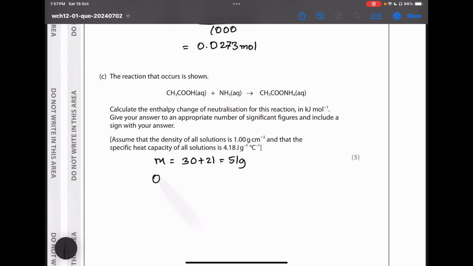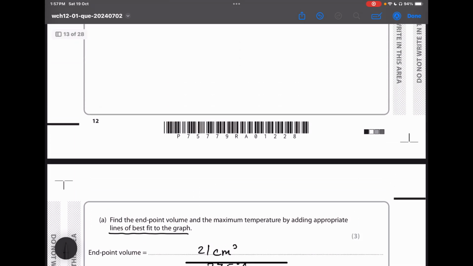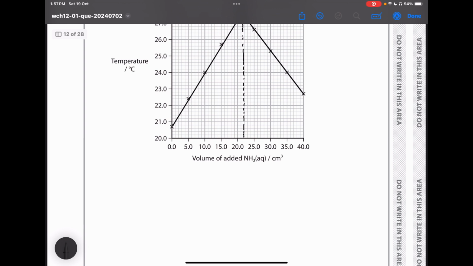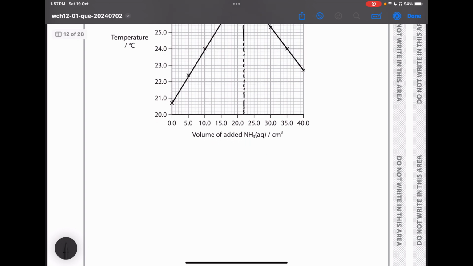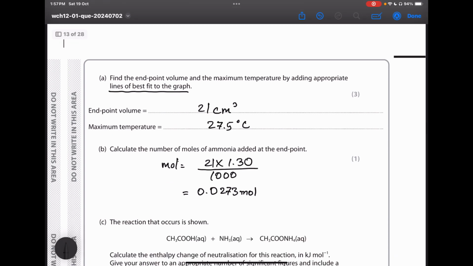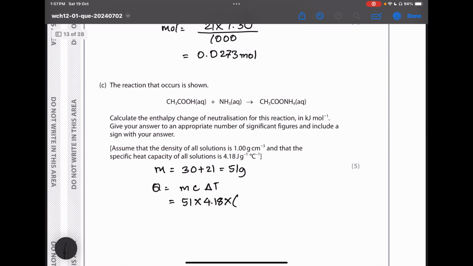And then energy released is Q equals mc delta theta. Now mass is 51 gram times 4.18 times change in temperature. So what was the initial temperature over here? The initial temperature was something around 20.7, and the final temperature we got was 27.5.